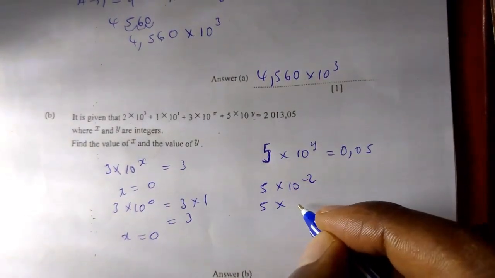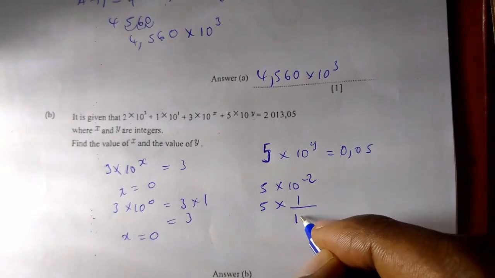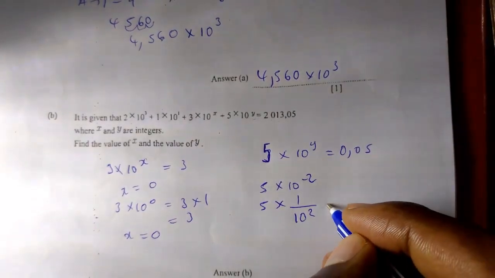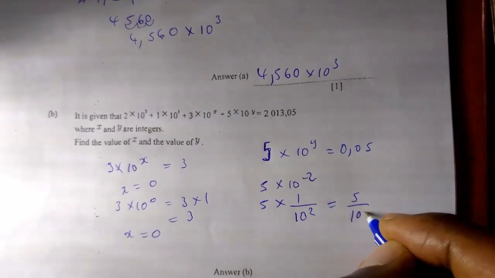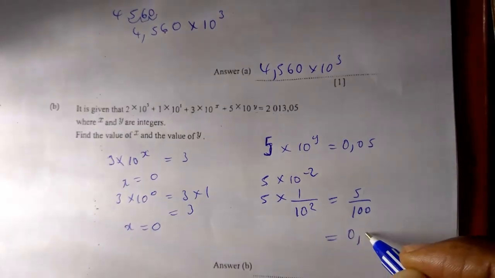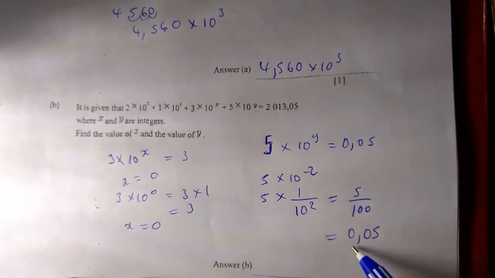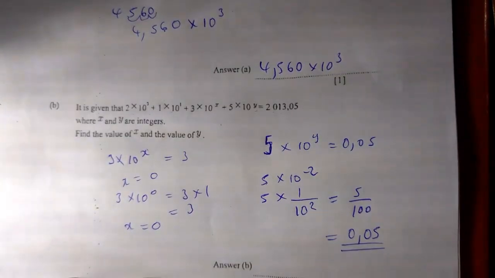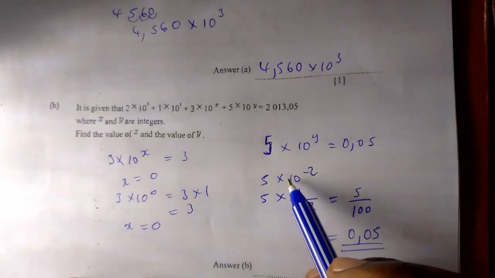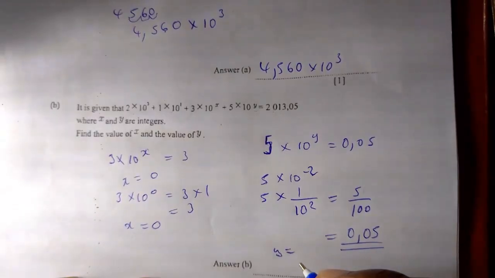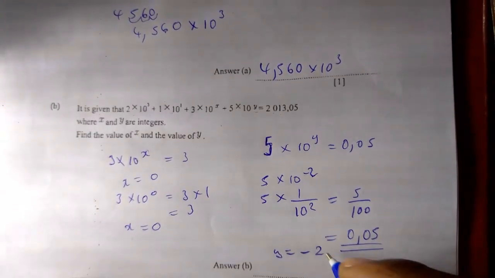It then means 5 times 1 over 10 to the power 2, using the laws of indices. 10 to the power 2 is 10 times 10, so it will be 5 over 100. And if you divide here, you get 0.05. So for us to get the value 0.05, it means our y should be equal to minus 2. So y is equal to minus 2.